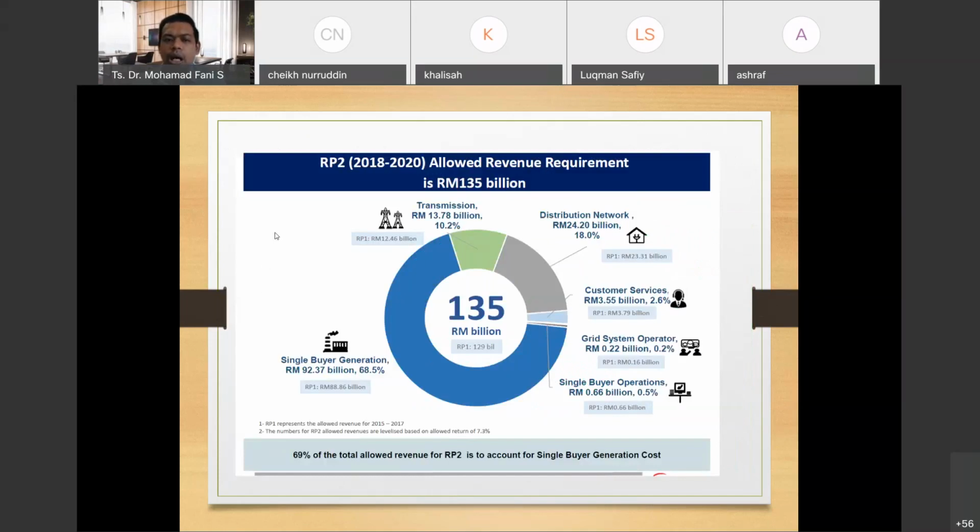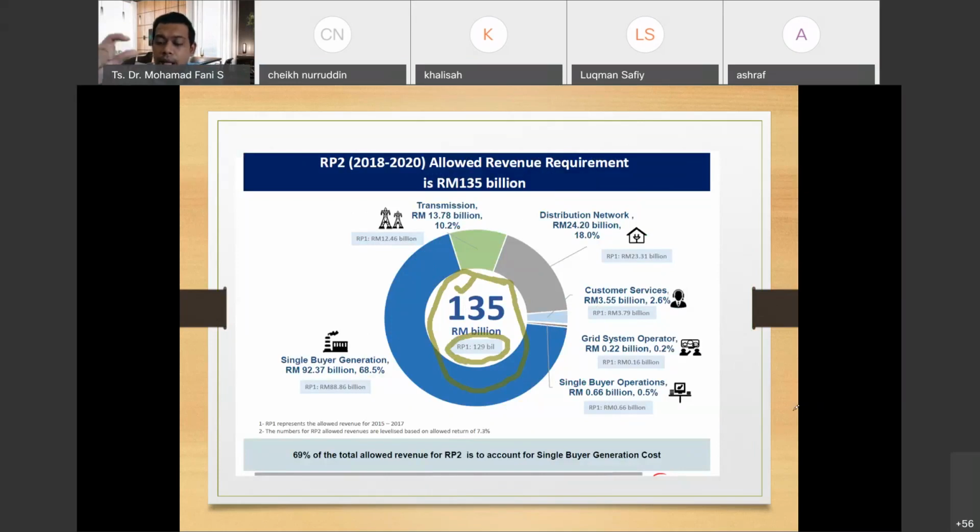For the summary of the RP2, this is the revenue for the TMB, 135 billion for the RP, the target for RP2, and in RP1 TMB had their allowed revenue of about 126.